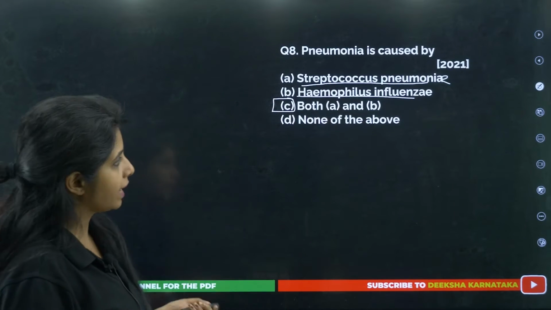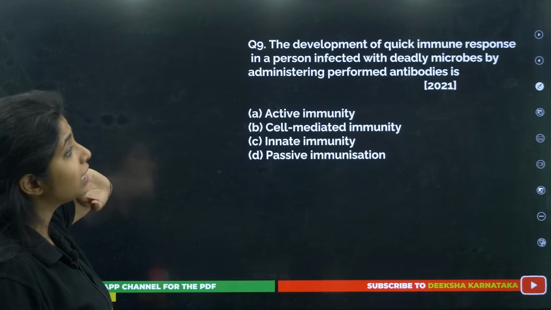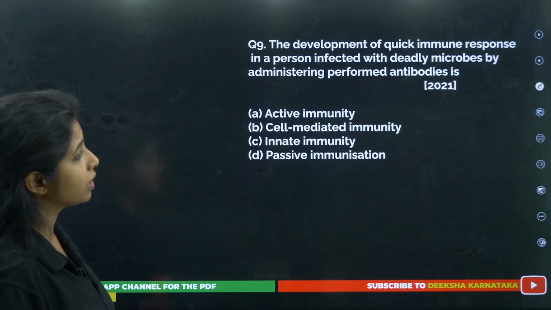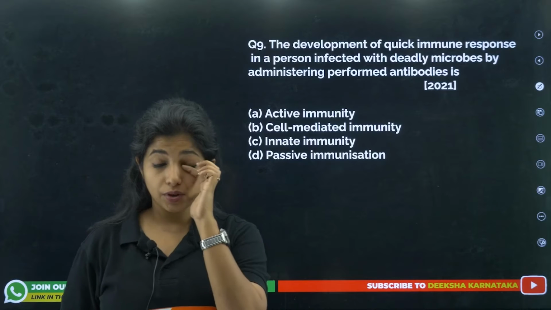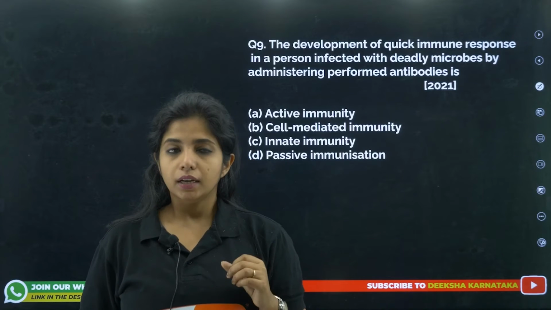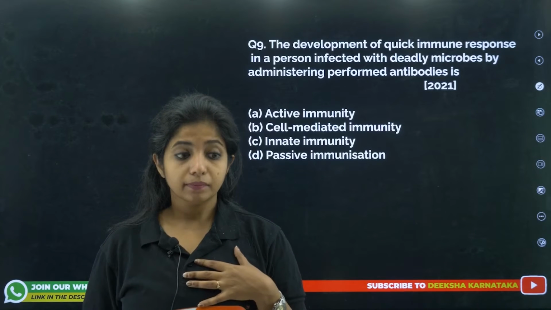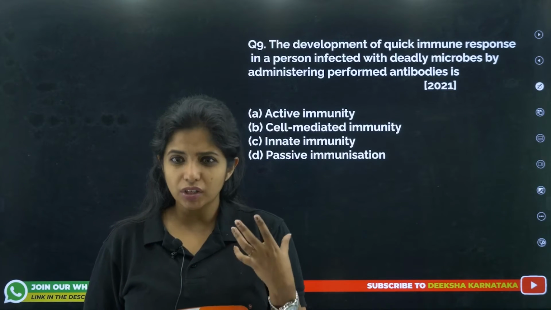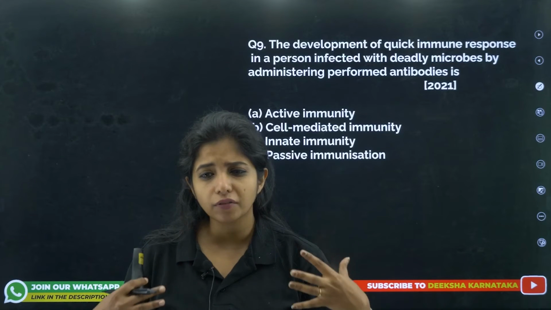Cool? Next question. The development of quick immune response in a person infected with deadly microbes by administering preformed antibodies is what type of immunization? So, basically, suppose I got a disease. Initially I will feel so bad, I'll have fever, a lot of things happen.